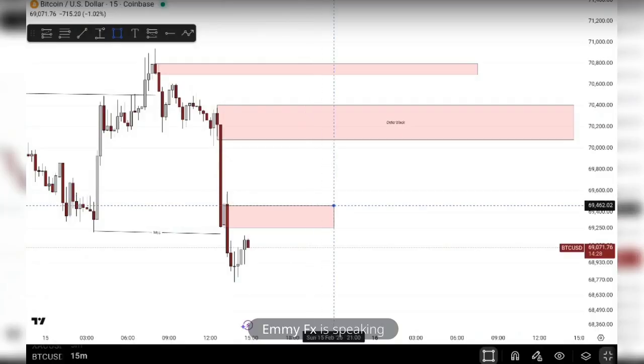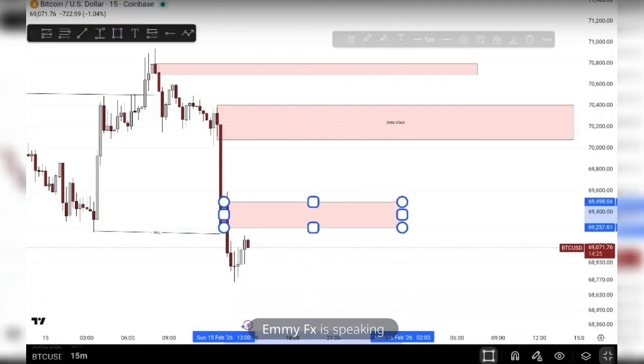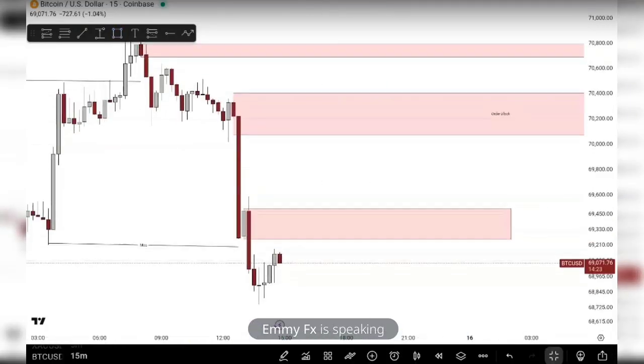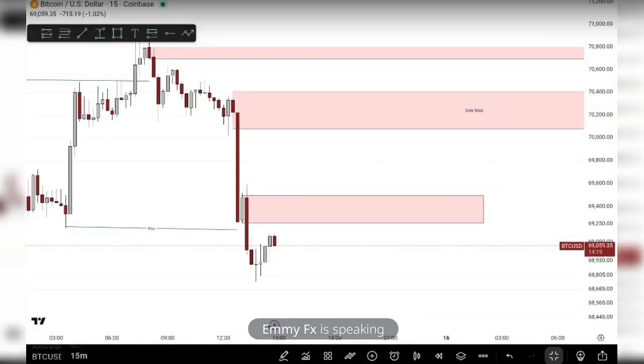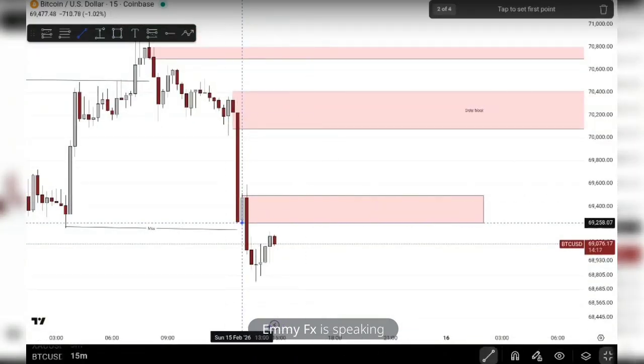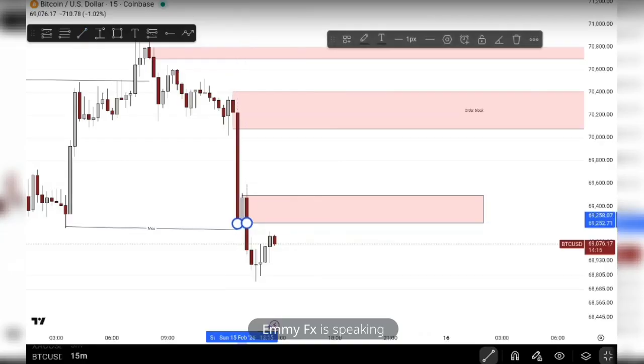If you can read this market structure very well, we also have some break of structure to the downside, a little break of structure to the downside. But I want you to also check something. We have a supply zone which is here.